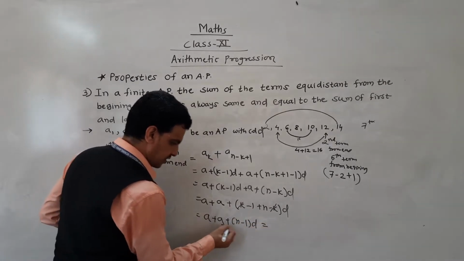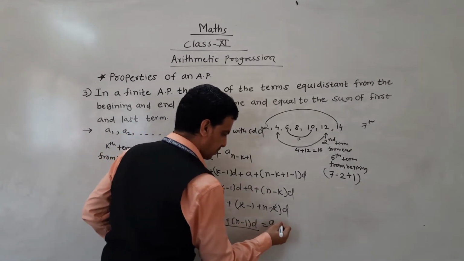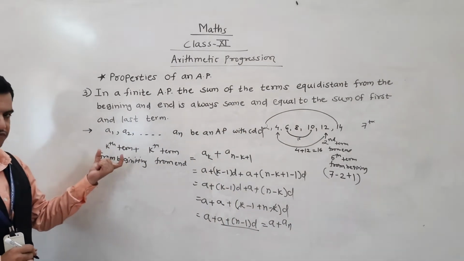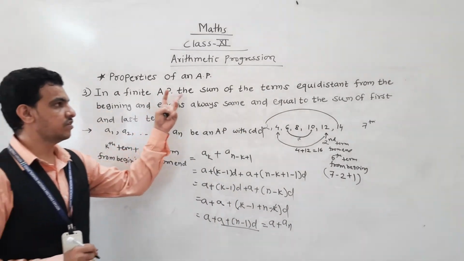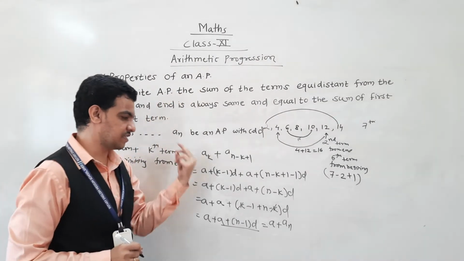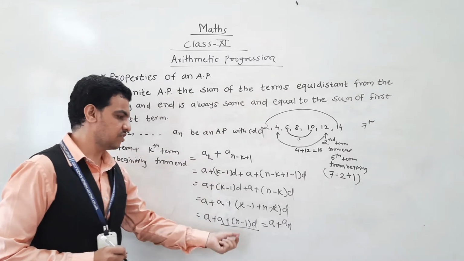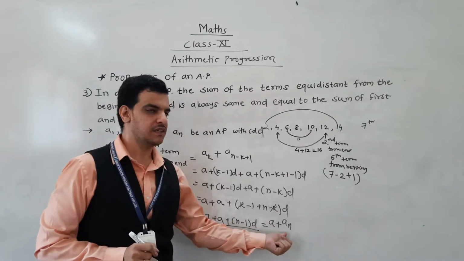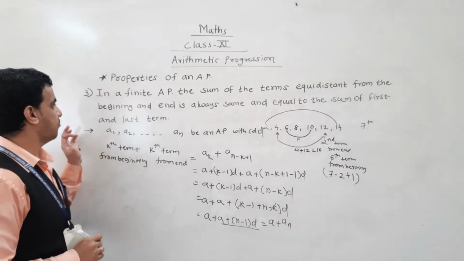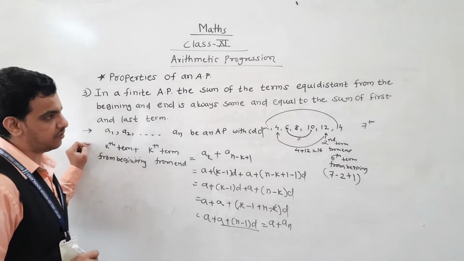This term means the nth term, so a plus a_n. Okay, so the sum of the terms equidistant from the beginning and end is always the same, and it is equal to the sum of the first term and last term.